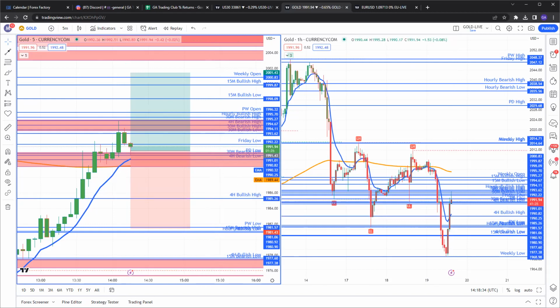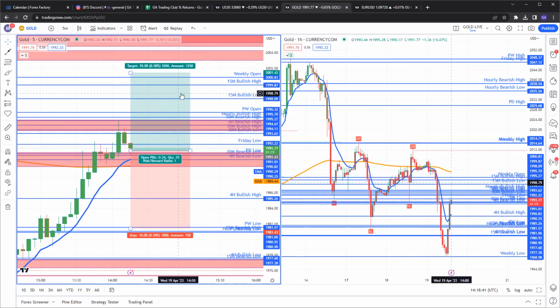However, the reason I'm doing that is because I just want to recover the trade that I'm in. But for this particular trade that I'm calling, use a 0.5% risk, and then use a 100 pip TP, 100 pip stop loss.